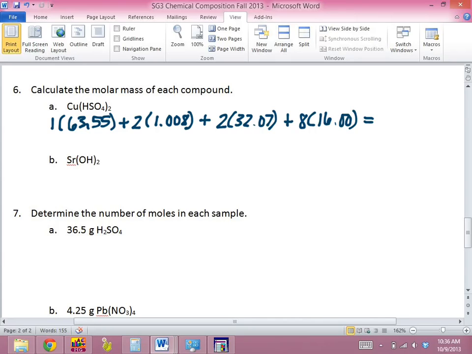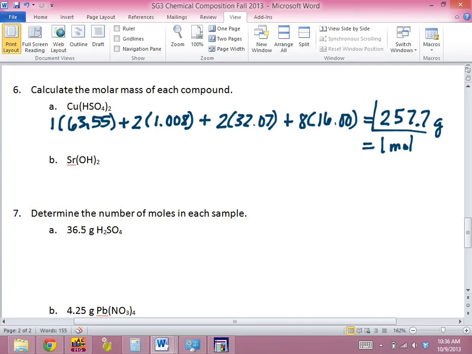And we're going to round this off to 4 sig figs because that's what we rounded all the molar masses to, so 257.7 grams. And that is equal to 1 mole of this compound. That's what molar mass means, the mass of 1 mole.